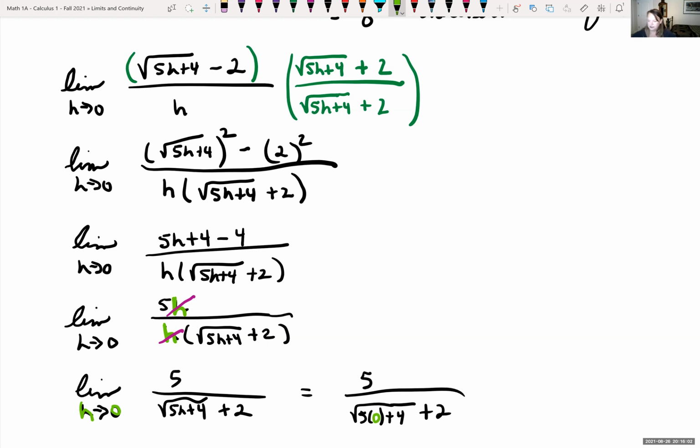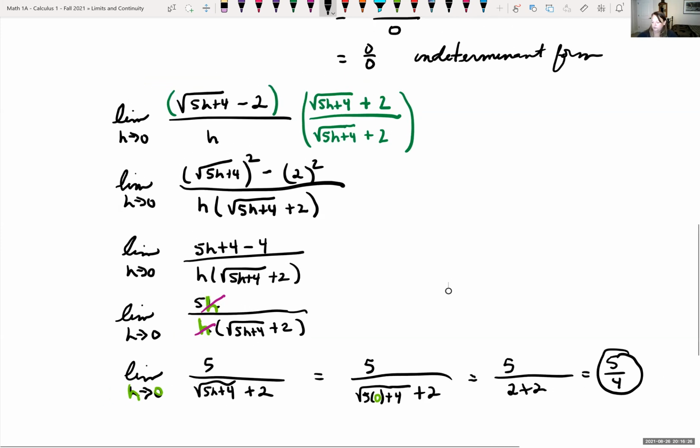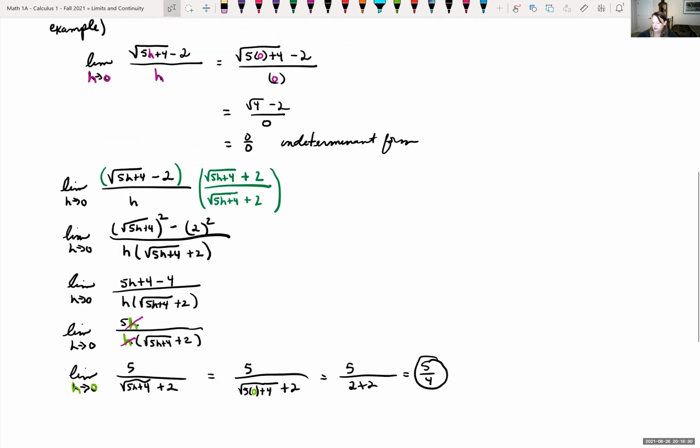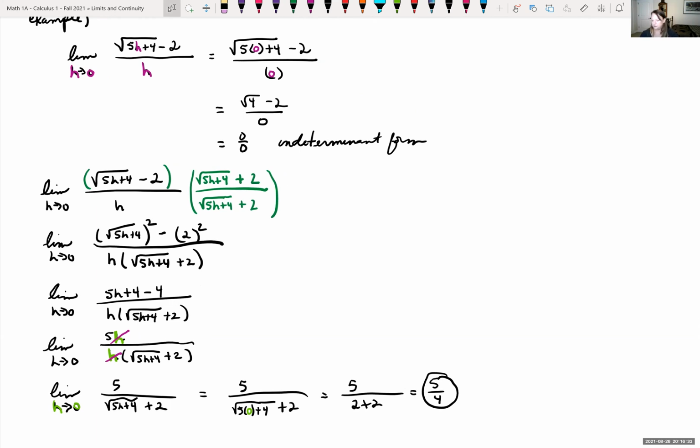So we get that's equal to 5 in the numerator all over, well, with the 0 down in that radical, we really are just left with 4 underneath the radical. So square root of 4 is 2, plus that 2. So we get 5/4. So that limit as h approaches 0 of that function is 5/4.